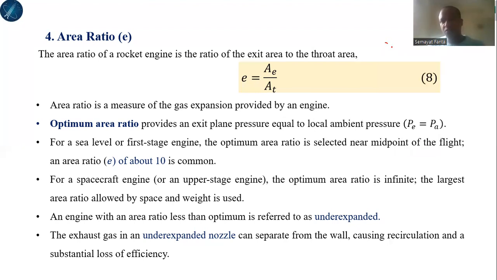So in our nozzle design, it is like this. So we have throat area here, and we have exit area here. This is area exit, and this is area throat.